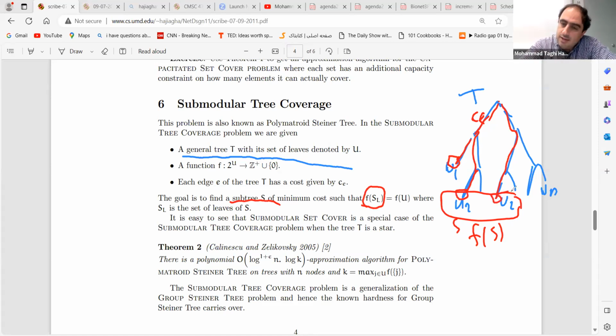This is called S of L. So we want to have f of S of L equal to, say, the optimum. We will put it just generally a star for optimum, is equal to f of u.